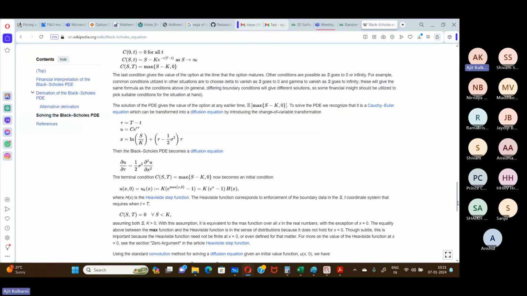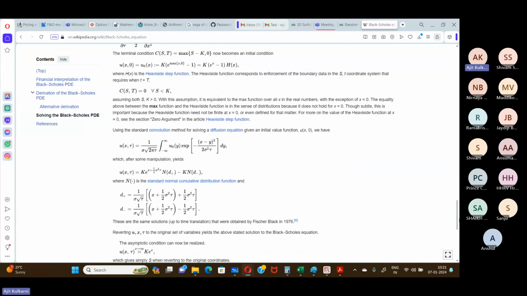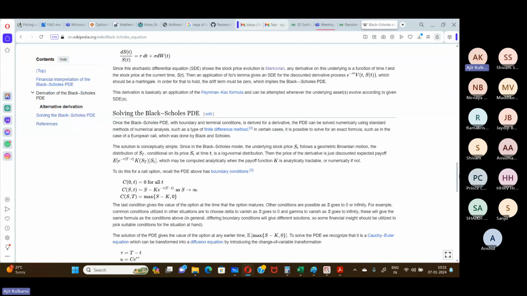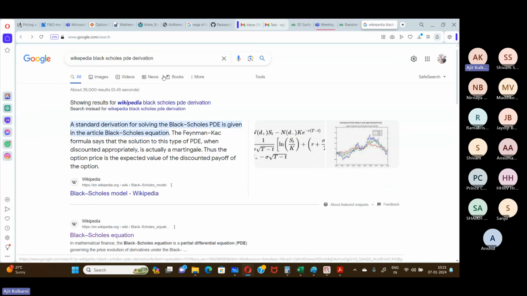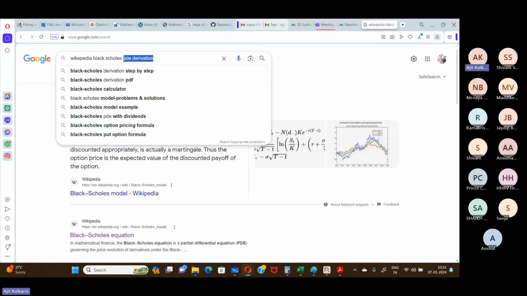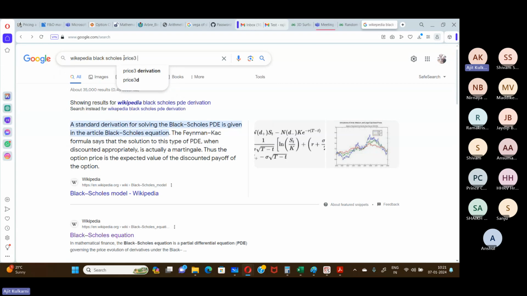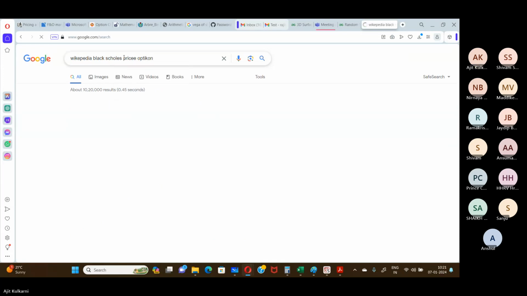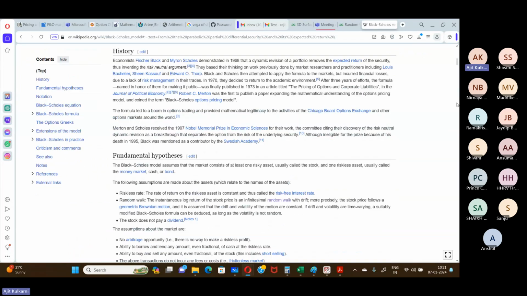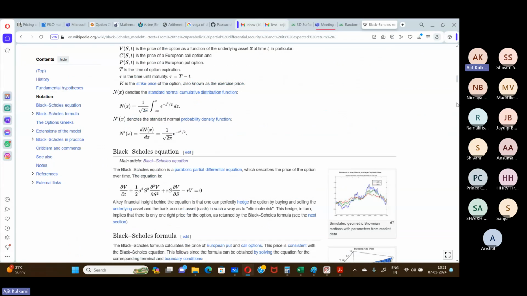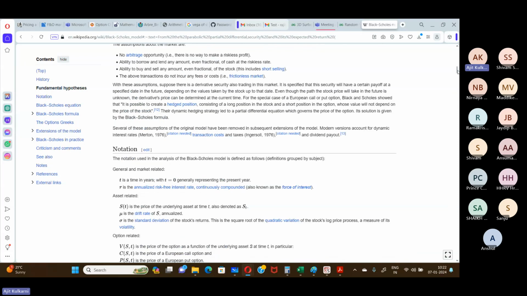Once solving this PDE gives us the price of an option, it gives a direct closed form formula where we can input all the same things.